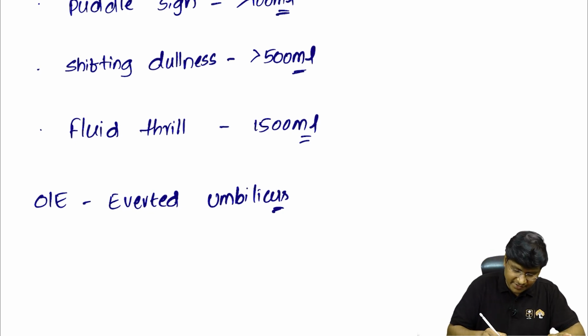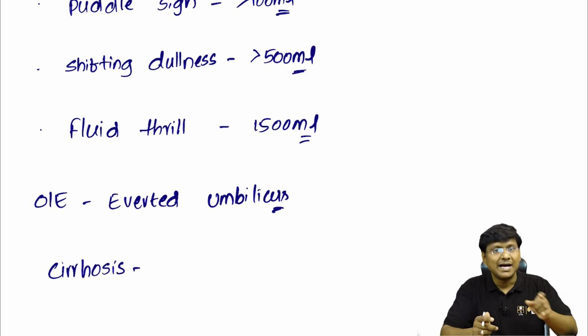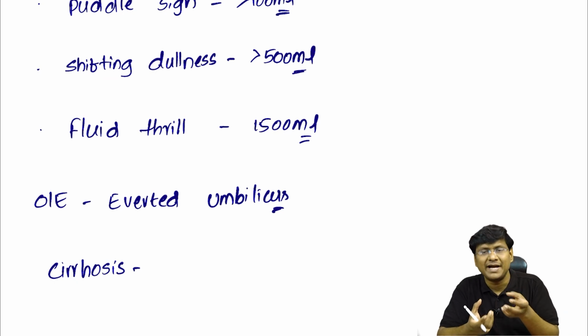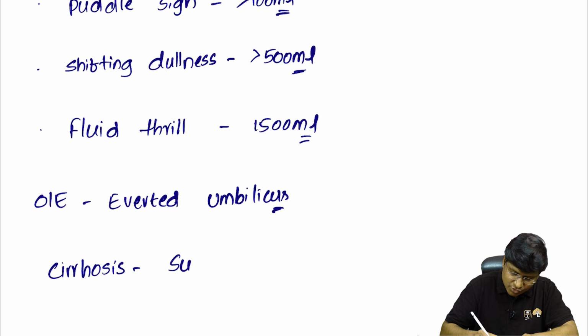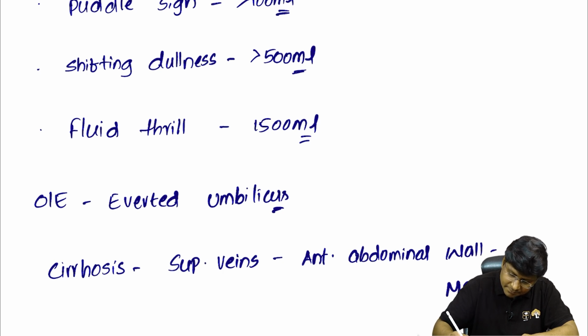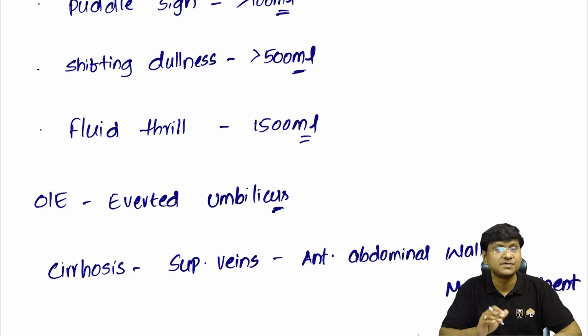The other important finding: if the ascites is due to cirrhosis of liver, along with ascites you will notice that the superficial veins over the anterior abdominal wall become more prominent. That is what you will observe in case of cirrhosis of liver.